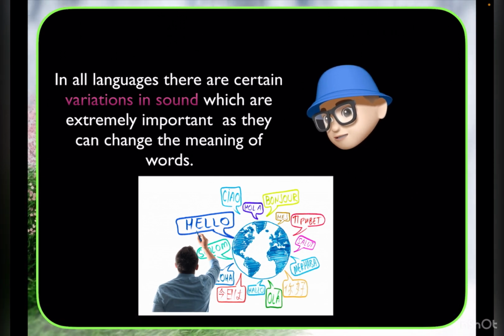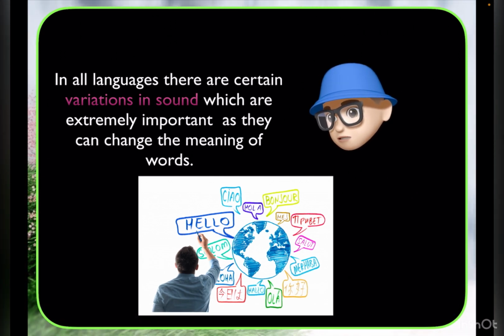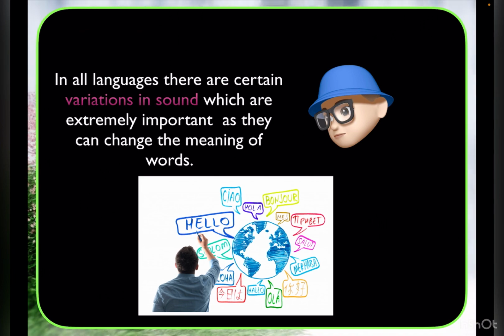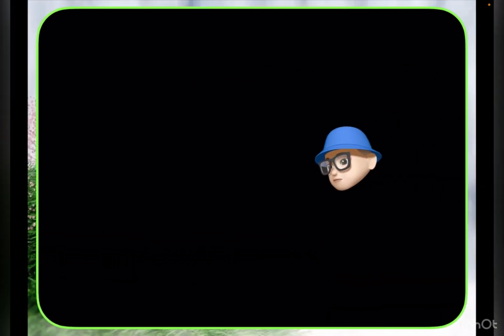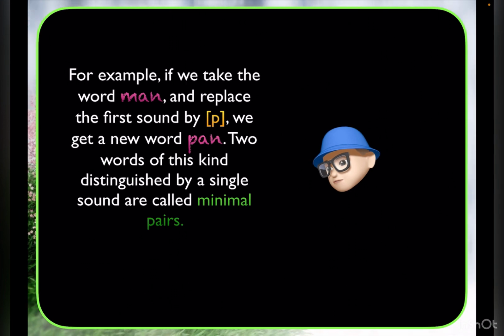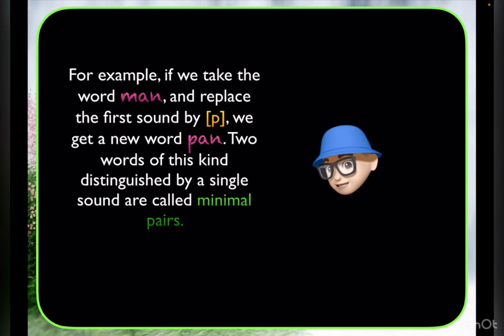In all languages, there are certain variations in sound, which are extremely important as they can change the meaning of words. For example, if we take the word man and replace the first sound by p, we get a new word, pan.